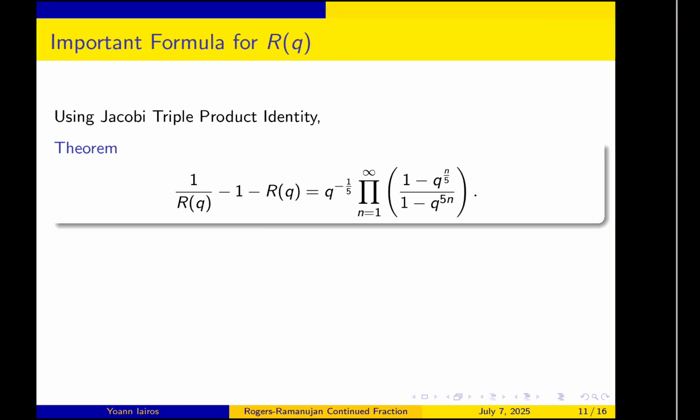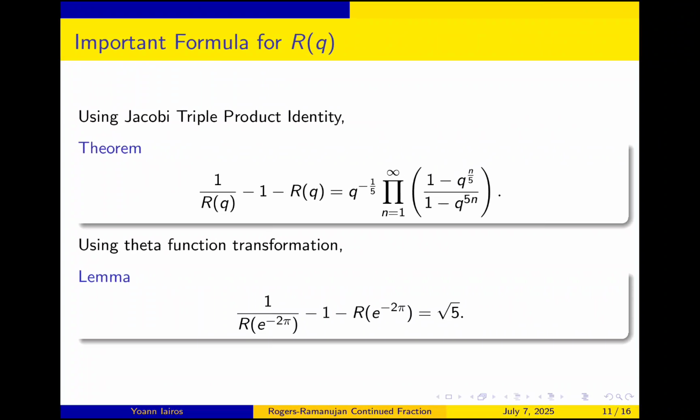It turns out that if you put q equals e to the minus 2 pi, then you can actually give a closed form for the resulting infinite product on the right if you use the Jacobi triple product identity and the theta function transformation.